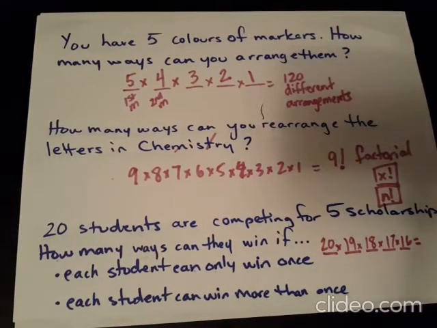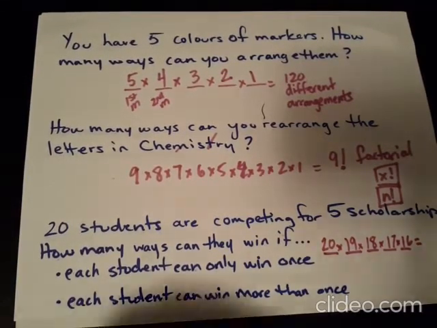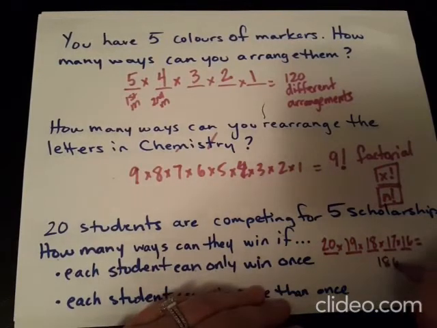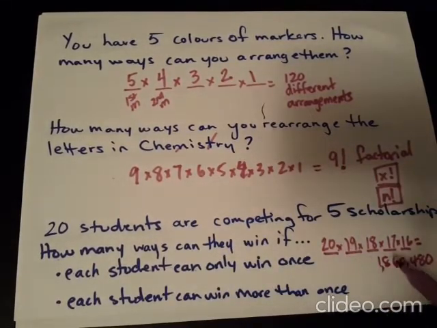Let's get that number back. So there's almost 2 million different ways that 20 students could win each of the 5 scholarships.